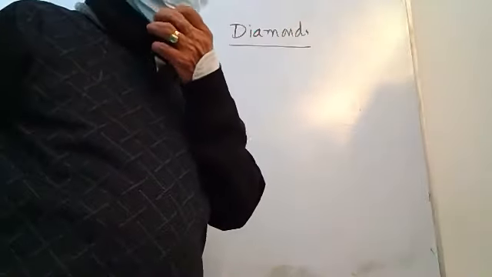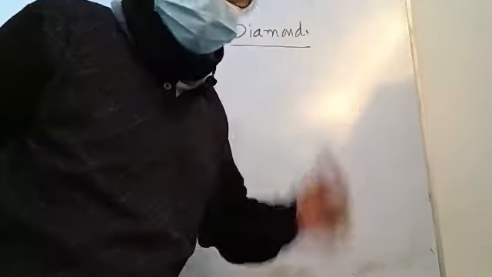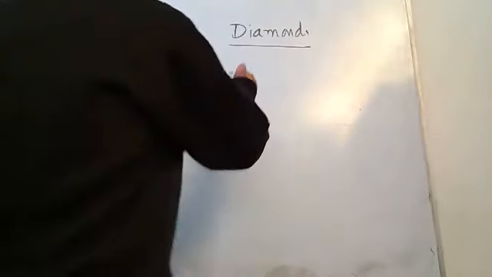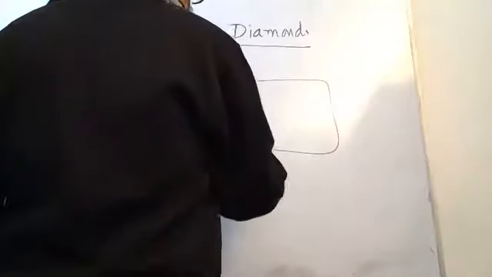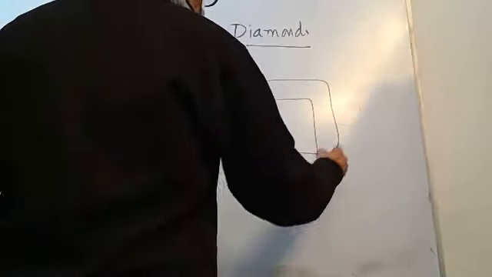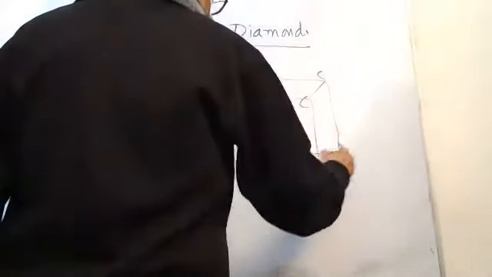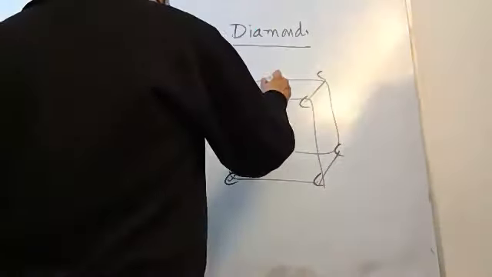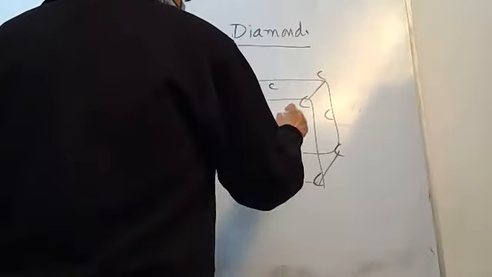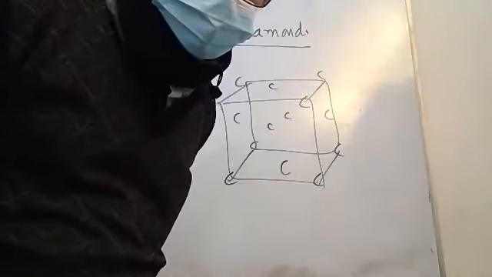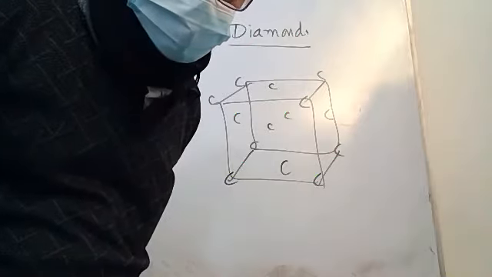Diamond is very well known to us. We can understand the diamond structure very simply based on what we have been talking about. You can imagine a face-centered cube of carbon atoms, carbon everywhere on the centers of each face and on the corners.